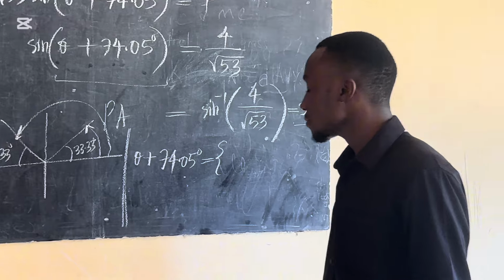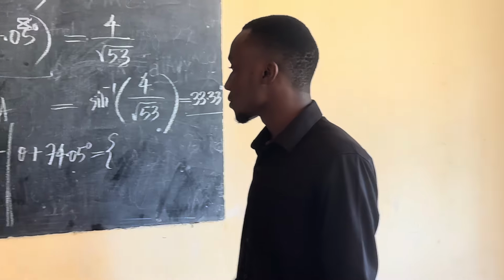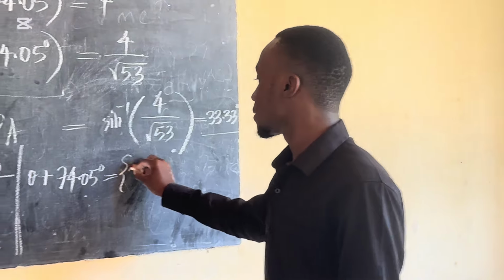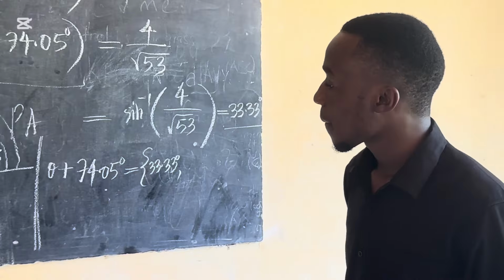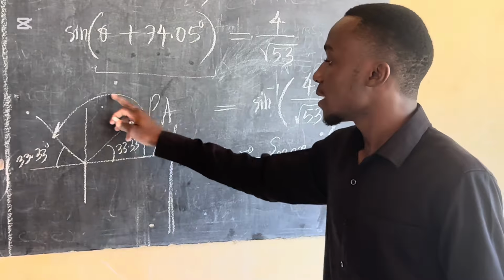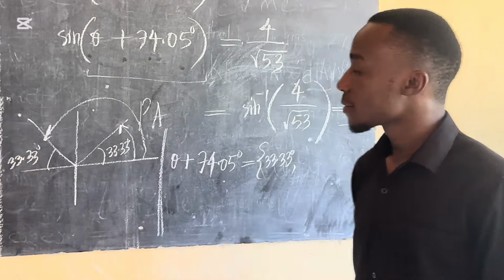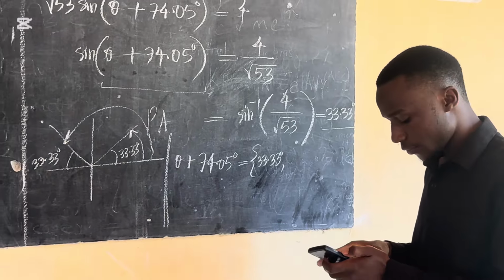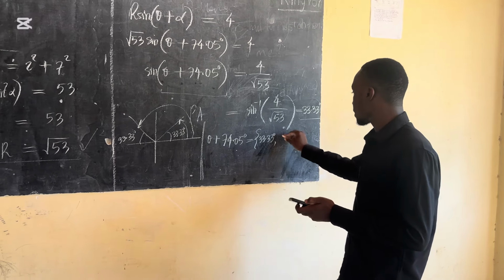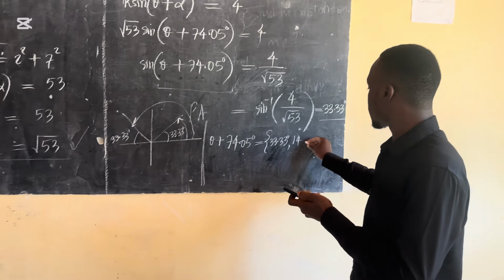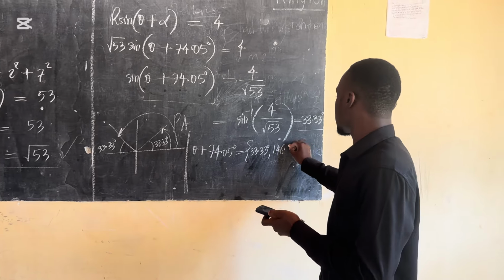So this is equal to 53.33, that one. And now this one, 180 minus 53.33, we also get it as 126.67.